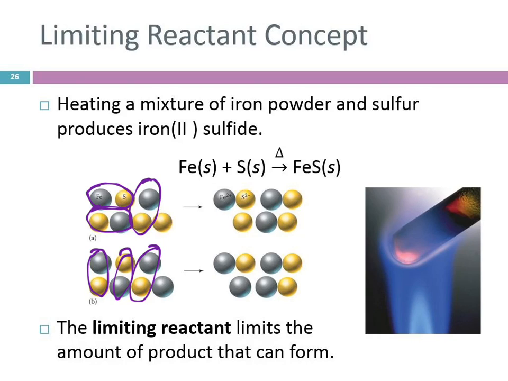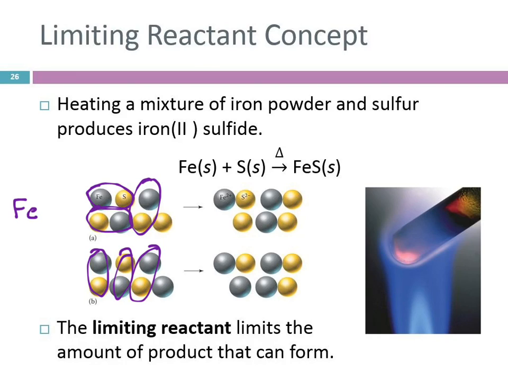I said that wrong, didn't I? I'm just double checking. Yeah, it is the sulfur in this one. Okay, thank you. I sometimes get things wrong. So here, sulfur is limiting, and here the iron is limiting. Now we'll just rewind. The iron is limiting.